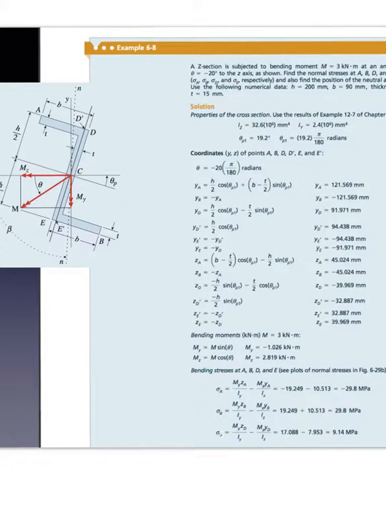Now, we will use a little bit of our analytical geometry and trigonometry from high school to determine the x and y coordinates of each of these points. I will calculate the x and y coordinates of just a few points for you to demonstrate the important points that you need to consider in order to arrive at the correct solution.